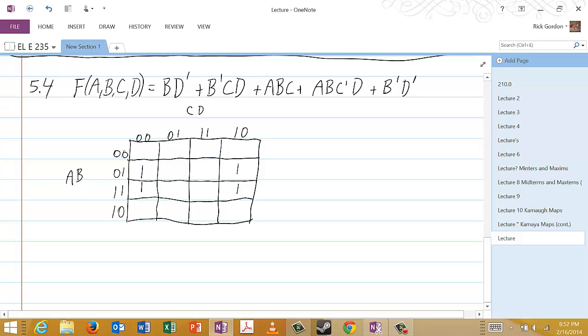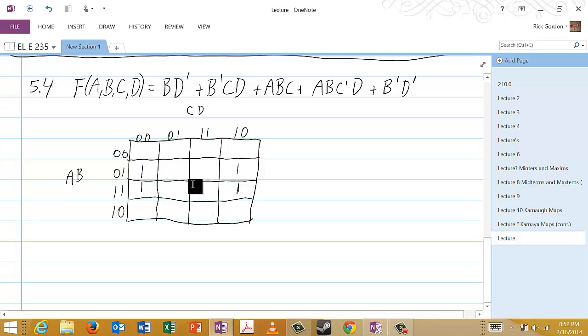Well, first of all, we see that this term will be equal to 1 only in those cells in which B is equal to 0, C is equal to 1, and D is equal to 1. We don't care what the value of A is. One quick way of identifying all of those cells is to notice that we have to have C equal to 1 and D equal to 1, so that immediately tells you that we're interested in this 3rd column of the Karnaugh map, because that's the only place where C and D are both equal to 1.